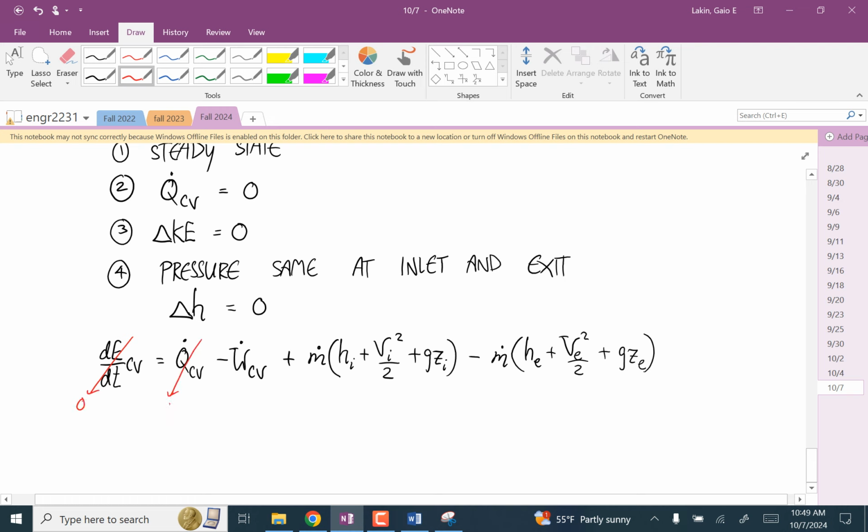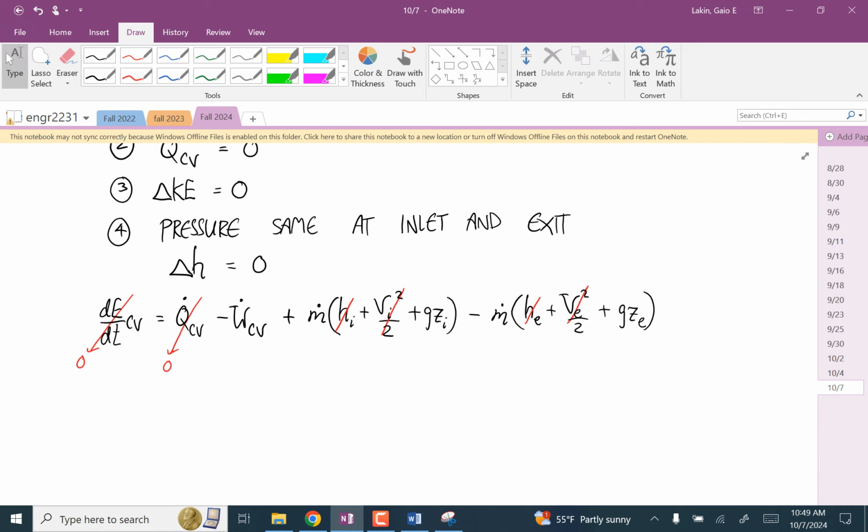There's no heat transfer. This is still the work coming in, the electrical work coming in. The enthalpy at the inlet and exit are the same. The kinetic energy is the same.